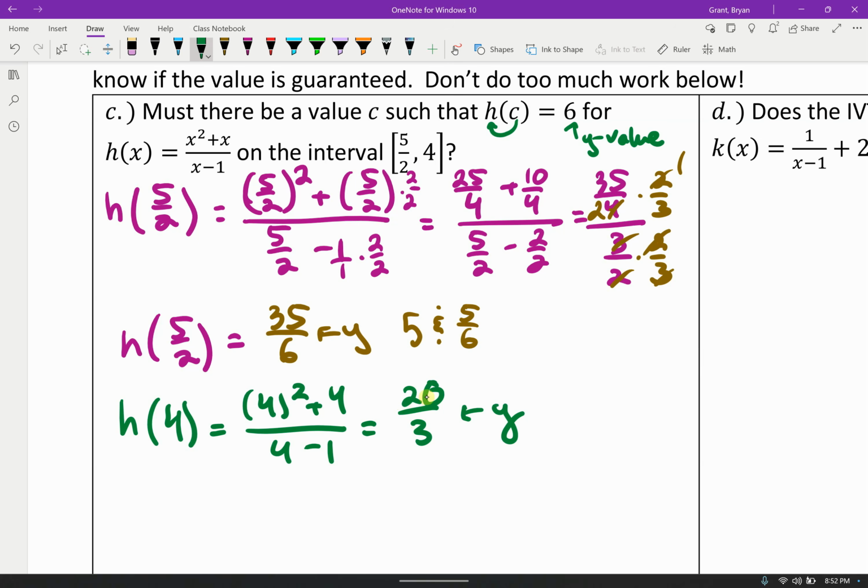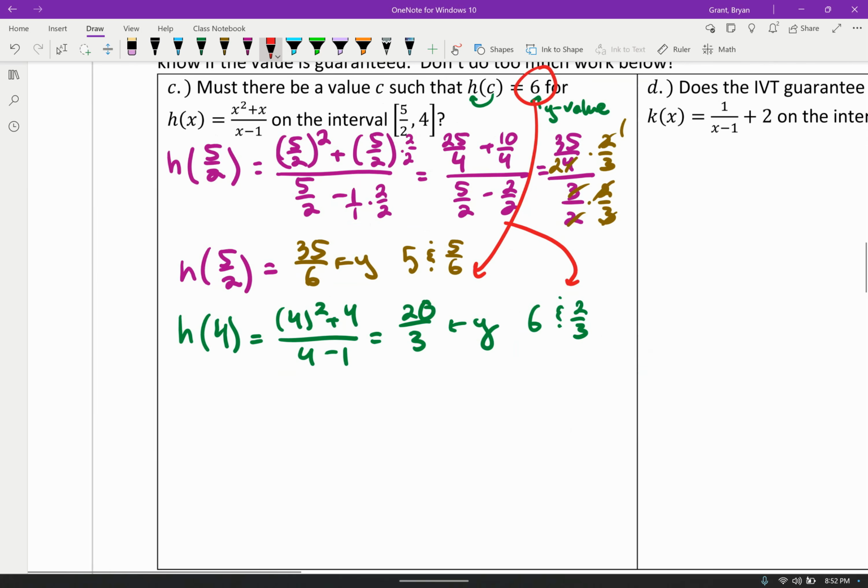Well, 3 times 6 is 18, 3 times 7 is 21, so 6 is just a little too small, 7 is too big, so I'm going to say that that's 6 and a bit, and it's actually 2/3 short, but that doesn't matter. So 5 and a bit, 6 and a bit. Is 6 in between those two values? And the answer is yeah, it is.